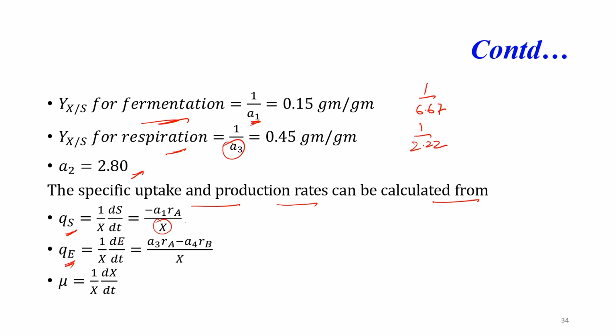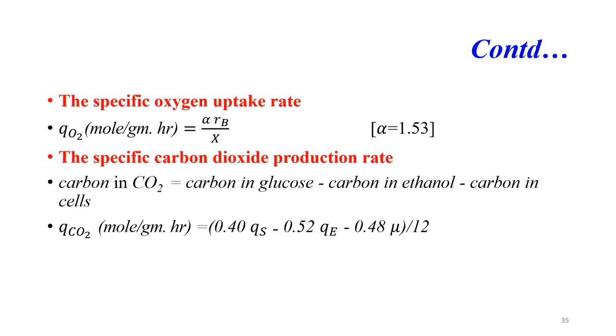It will be 1 upon x into dE upon dt, and dE is A2 RA minus A3 RB upon x, and the specific growth rate mu can be calculated as 1 upon x dx upon dt. In addition, this model enables us to calculate the specific oxygen uptake rate and the specific carbon dioxide production rate.